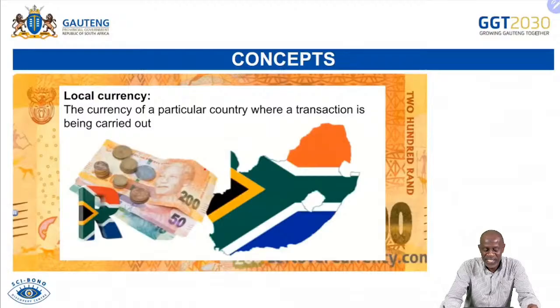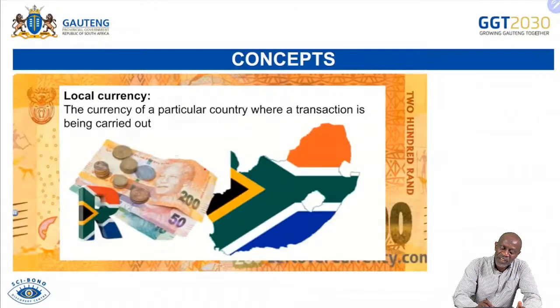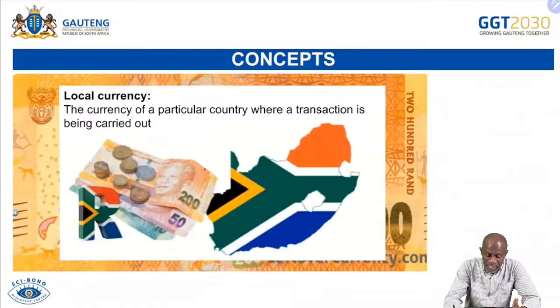I'm going to give you an example. The local currency for South Africa is rands, and so this is our local currency, as I've said. It's represented by notes or paper as well as coins.